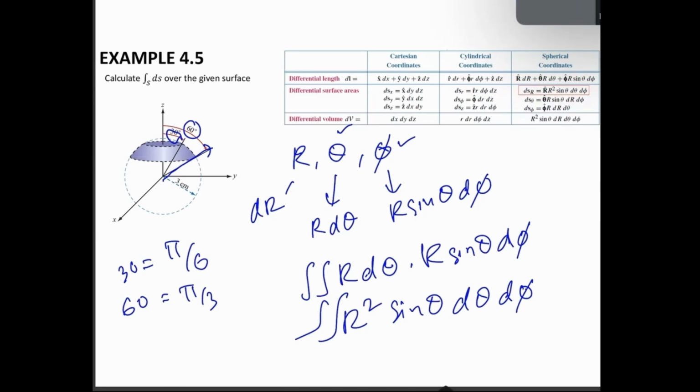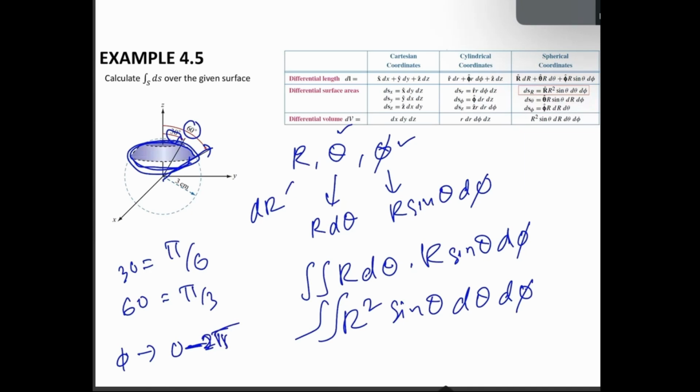For phi, we know that this is a complete circle, so phi is from 0 to 360 degree, which is 0 to 2 pi.